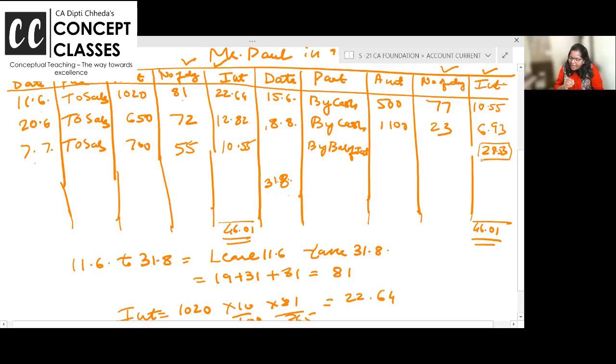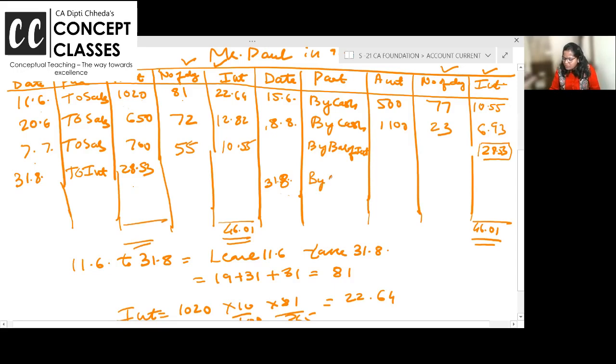And this, can I add it in the amount column? On 31st August, I am saying, Paul, along with other amounts, you pay me interest of 28.53. You have to pay me 46 interest, Paul. I have to pay you 16 interest. Better you pay me 28 interest along with the other amount.